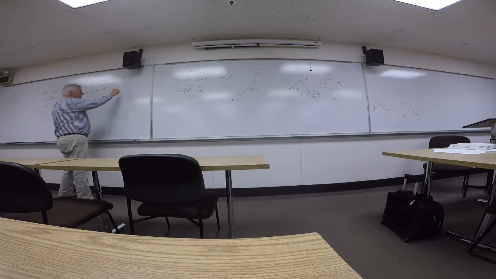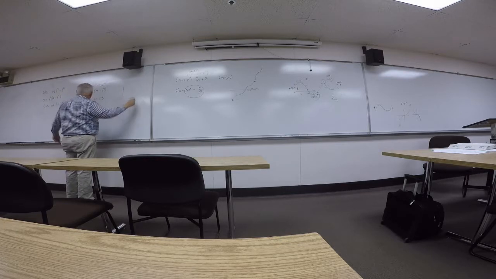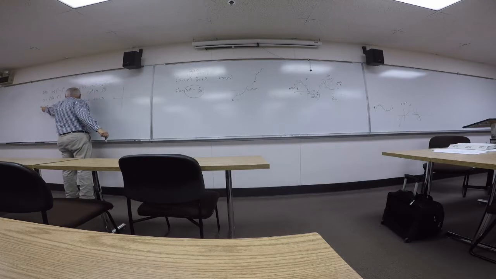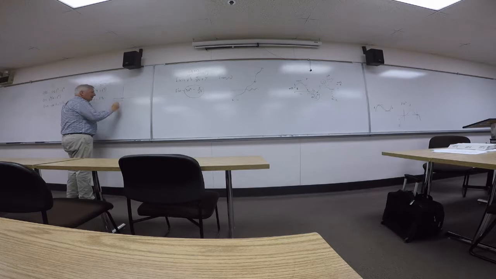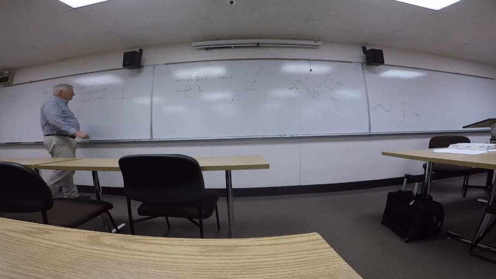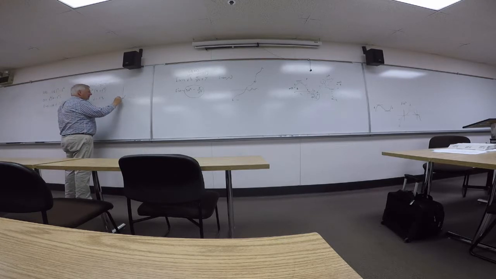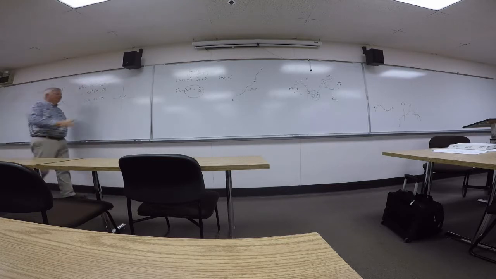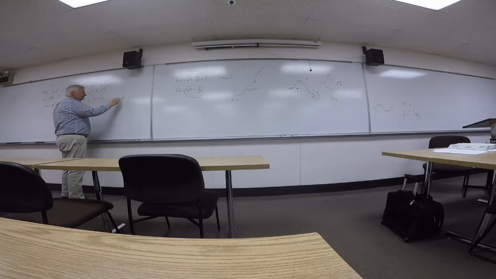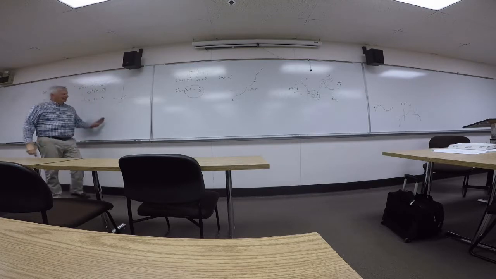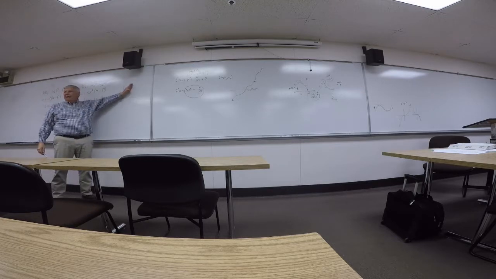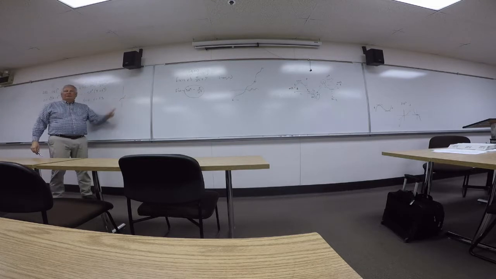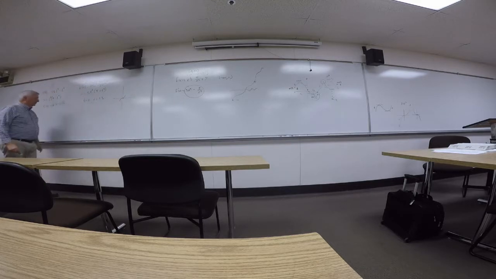So at 0, we have 0 slope. But to the right of 0, the slope is positive. To the left of 0, the slope is positive. Positive slope coming in, positive slope going out. The point 0, 0 is neither a max nor a min.